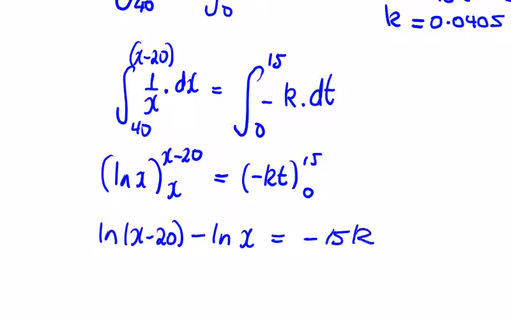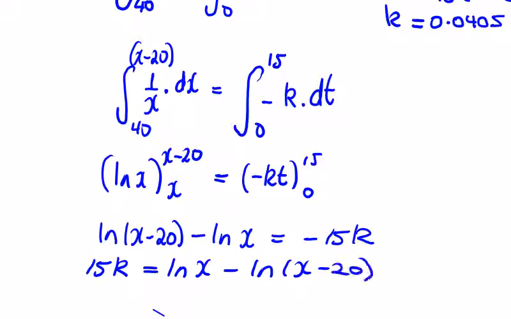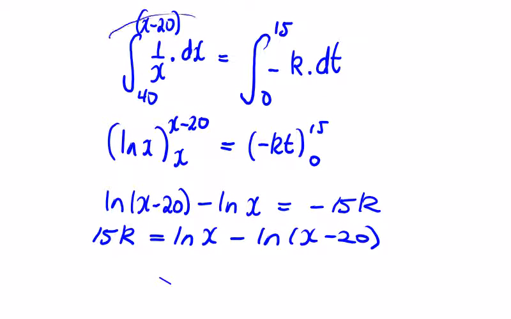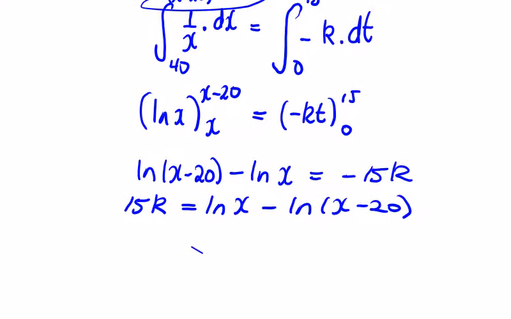We have k, we put it in at the end. So multiplying by minus, 15k is equal to the natural log of x minus the natural log of x minus 20. So really setting up this integral here, I think, is the key to it.